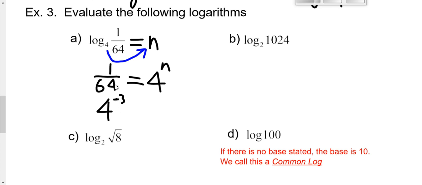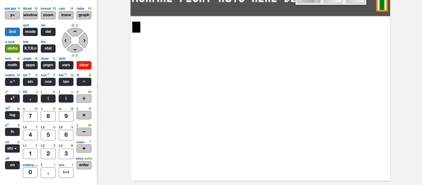Equals 4 to the n. Now we can drop the bases. So that means n is -3. So that means our answer is -3. So log base 4 of 1 over 64 is -3. As I said, you don't have to call it n, you can call it a, call it x, call it whatever.